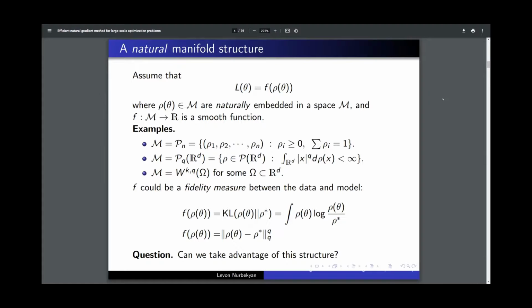So it's as if you want to come up with a metric that keeps this structure. So you're learning on a manifold, so you're not moving out of it.